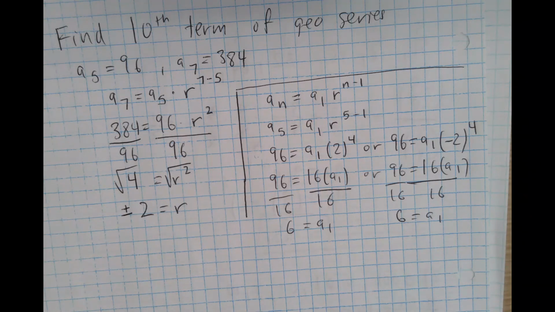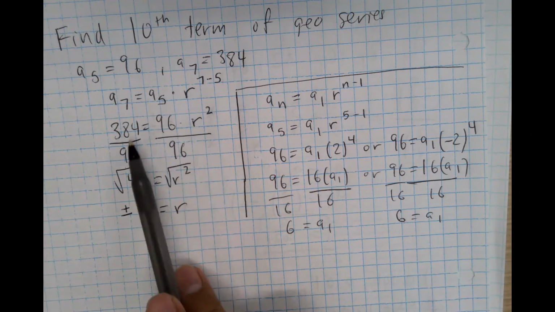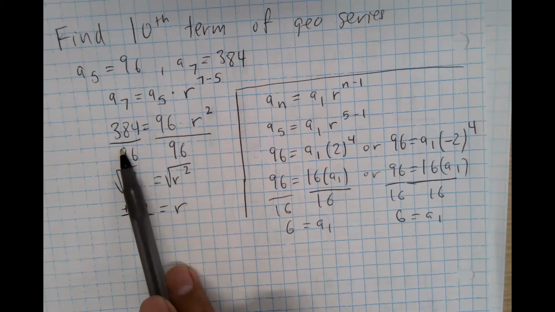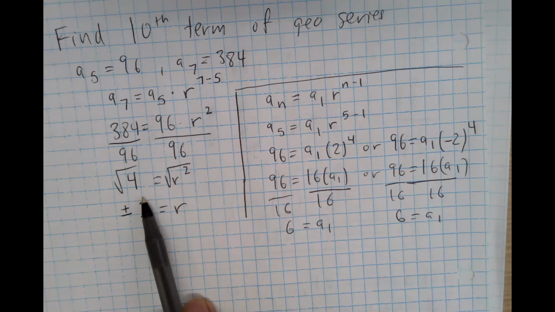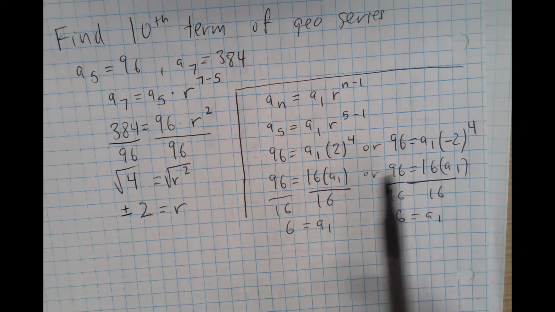Then we divided both sides by a of 5, or 96, to isolate the r squared. We then square rooted both sides to solve for r. After that, we solved for a of 1, and we solved for two versions of our formula because r had two values. So we have two equations.